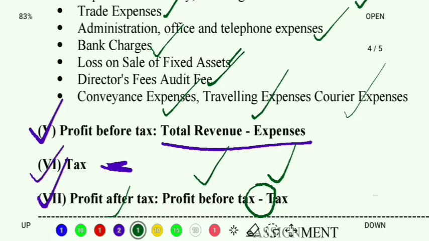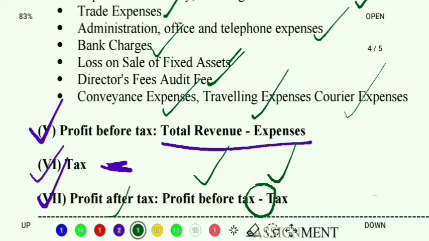We need to calculate the profit and losses, and this is how we actually calculate them. First we calculate the revenue from operations. We should know what items come. Whenever they are put in the question, we can easily pick those items and put them under the heading of revenue from operations, right? Then comes other income. Quickly we'll choose and put it.